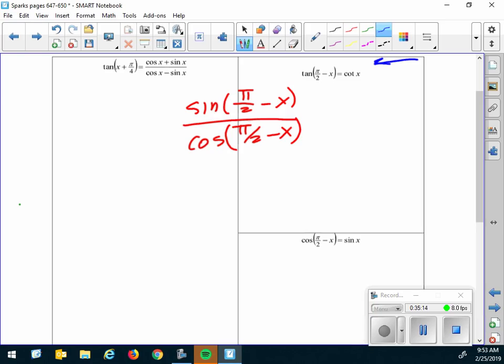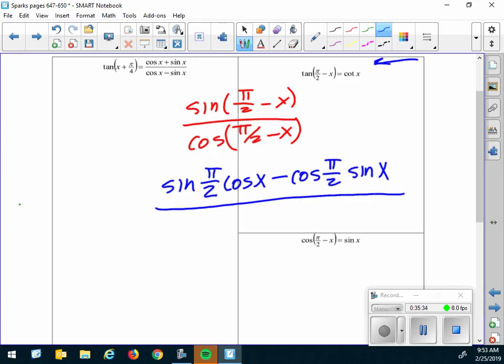So, sine with a minus is sine of the first, cosine of the second, minus cosine of the first, sine of the second, over cosine with a minus is cosine of the first, cosine of the second, plus sine of the first, sine of the second. Now let me stop and make sure I've got everything.